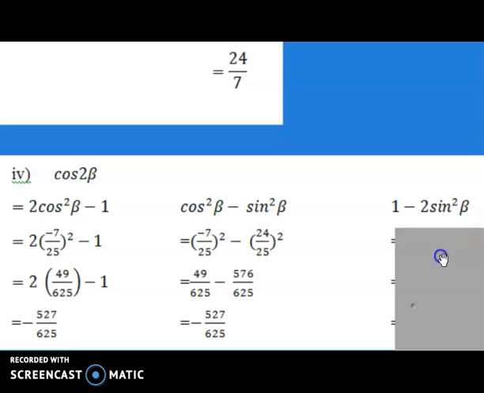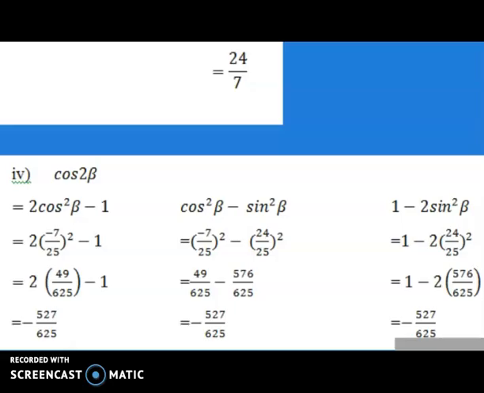Likewise, when we choose 1 minus 2 sine square beta, sine is 24 over 25, that must be squared, multiplied by 2, and subtracted from 1. Our answer is still negative 527 over 625. So it does not matter which path we choose, the answer remains the same.